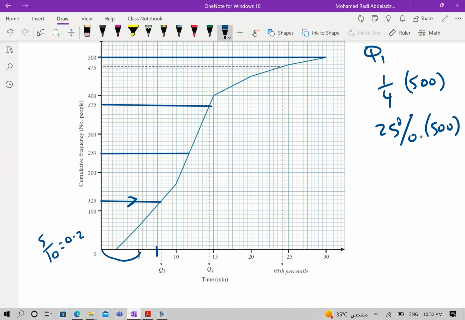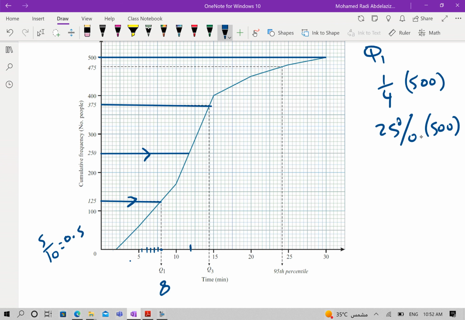Sorry, 0.5. 5 divided by 10, yes, 0.5. So it's 5, 5.5, 6, 6.5, 7, 7.5, 8. So Q1 is 8. For the median, opposite to 250, find the vertical value.